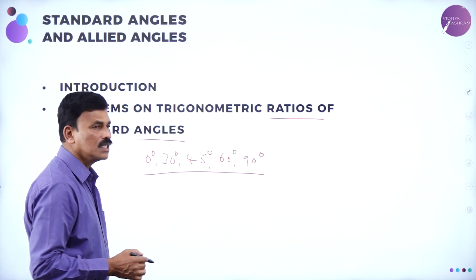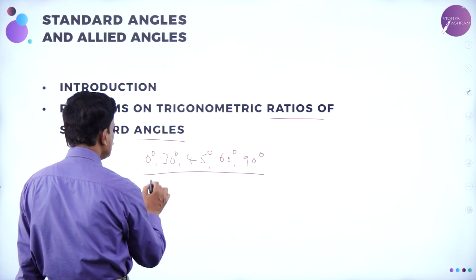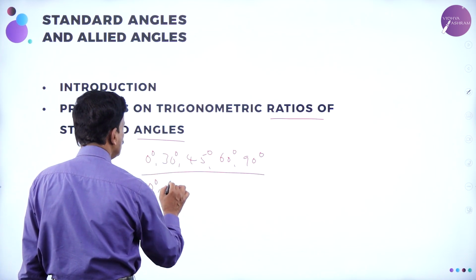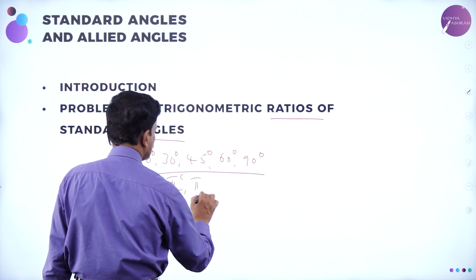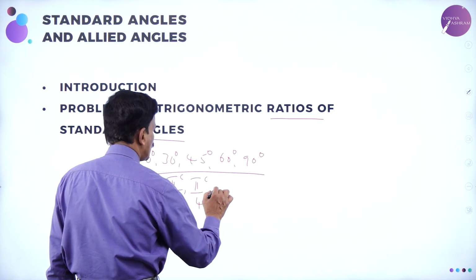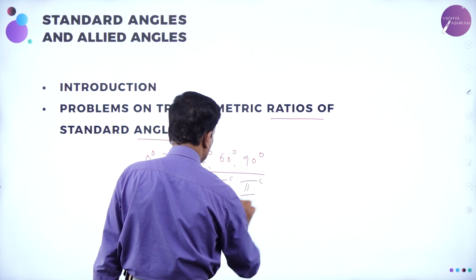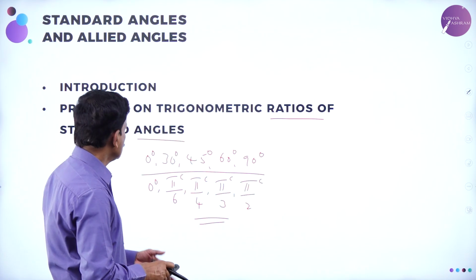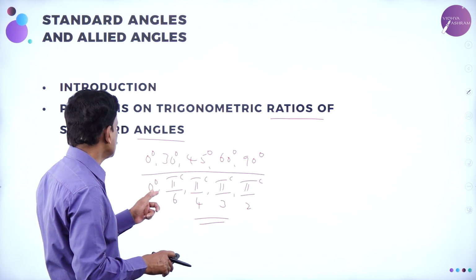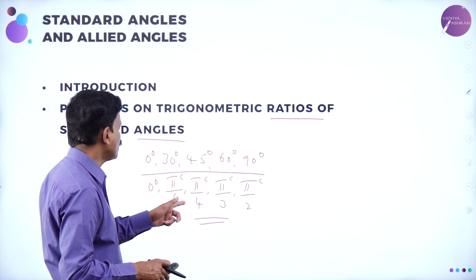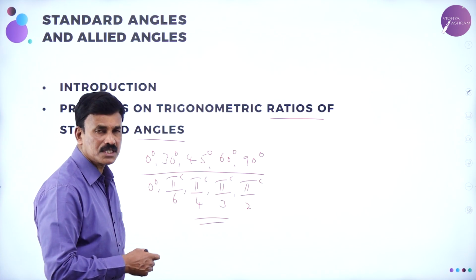Here 0 can be written as it is, 0. 30 degrees in terms of radians is pi by 6 radians, 45 degrees is nothing but pi by 4 radians, 60 degrees is equal to pi by 3 radians and 90 degrees is equal to pi by 2 radians. So 0, 30, 45, 60, 90, or in terms of radians 0 degree, pi by 6 radians, pi by 4 radians, pi by 3 radians and pi by 2 radians, these are the standard angles.